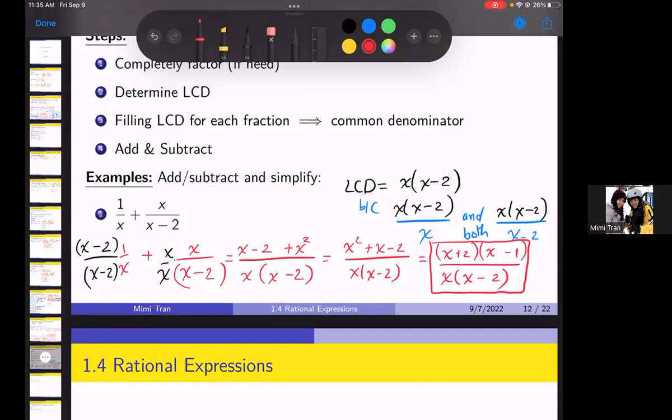On the exam, I'm never going to ask you to distribute the bottom when adding or subtracting rational expressions. I want it in factored form to see if we're able to factor. If you factor, leave it like that. I like to see it in factored form.